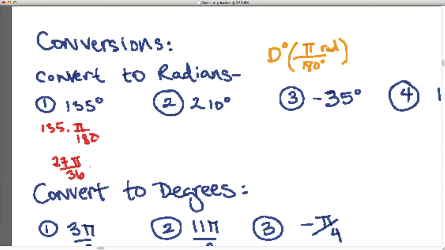Both of those numbers are divisible by 3, so we can cancel further. 3 goes into there 9 times. I guess they're both divisible by 9, sorry. So if I divide both by 9, that would be a 3 pi over 4. And that would be your radian measure.